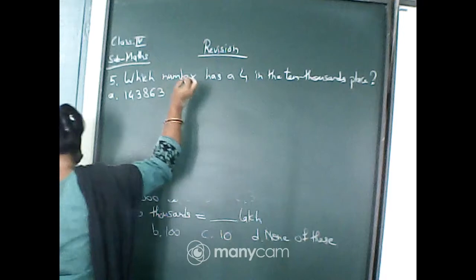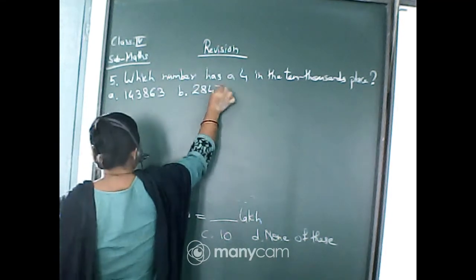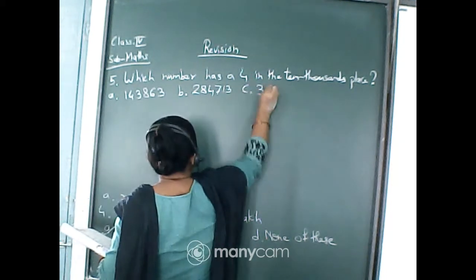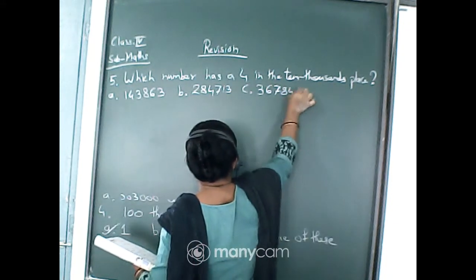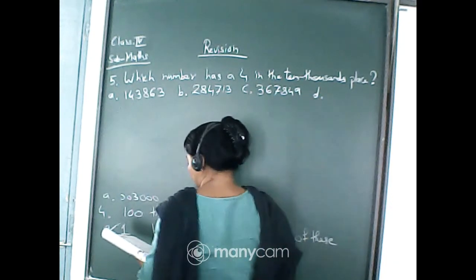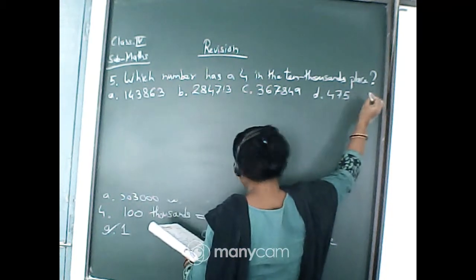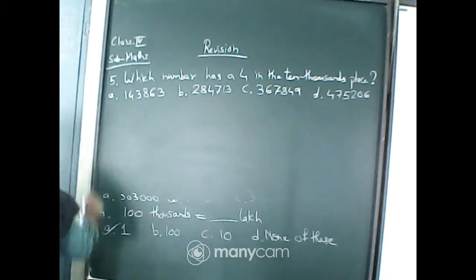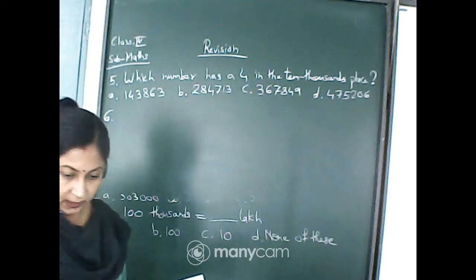And the options are 284,713, 367,849 and 475,206. Which number has 4 in the 10,000s place?